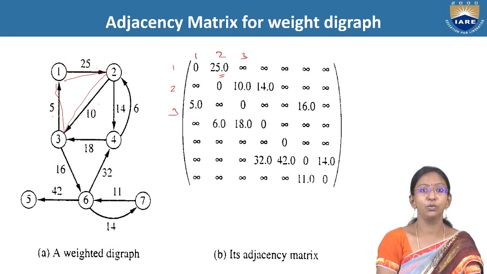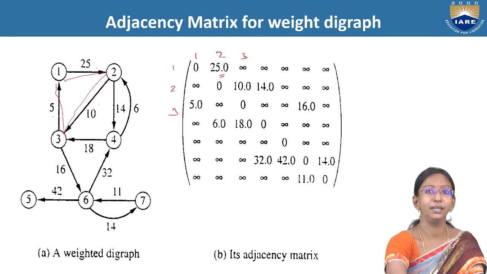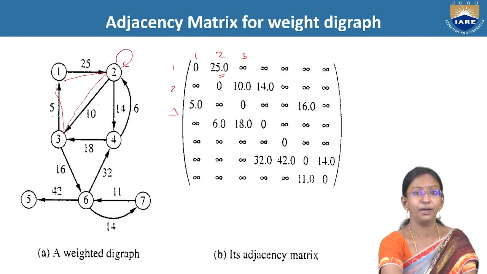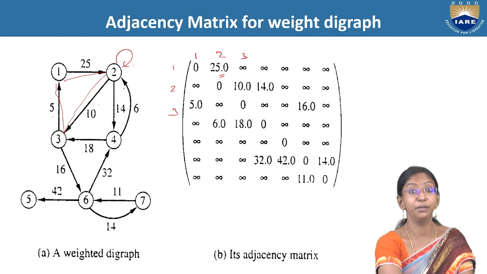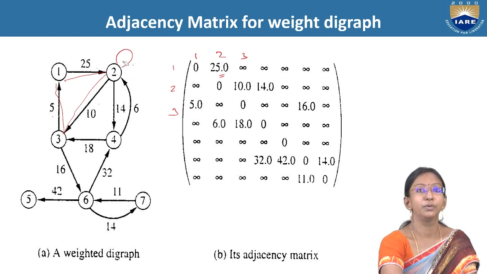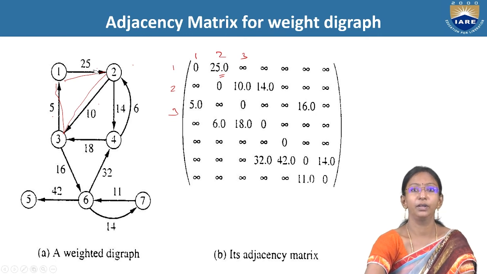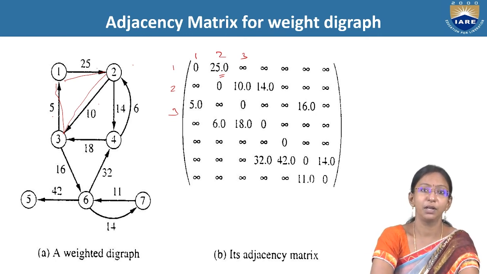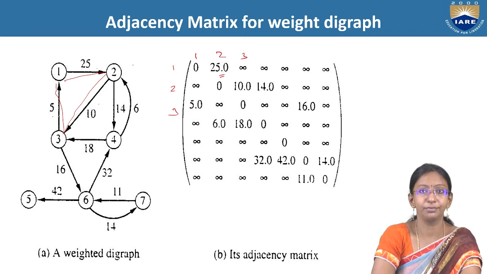Then why zeros as diagonals? If I consider 2, it does not have any self edge and it can never be formed in the future also, so I have represented it straight away with 0. Okay, so this is the adjacency matrix for a directed weighted graph.